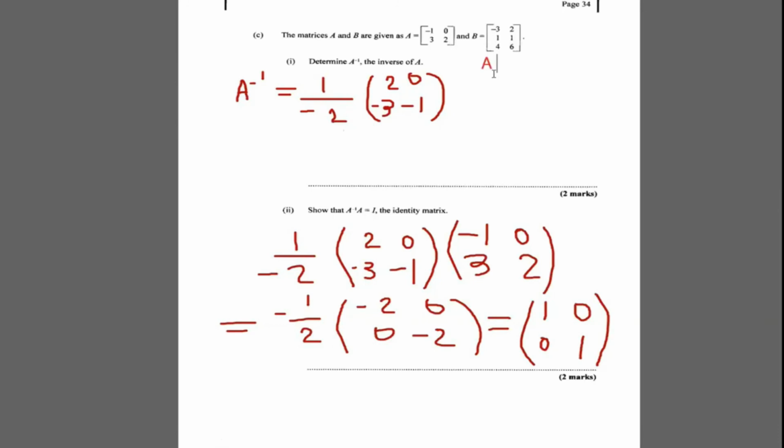A is a 2 by 2 matrix, and B is a 3 by 2 matrix. But the number of columns of the first matrix must equal the number of rows of the second matrix. But this is not the case. All right, that's why.